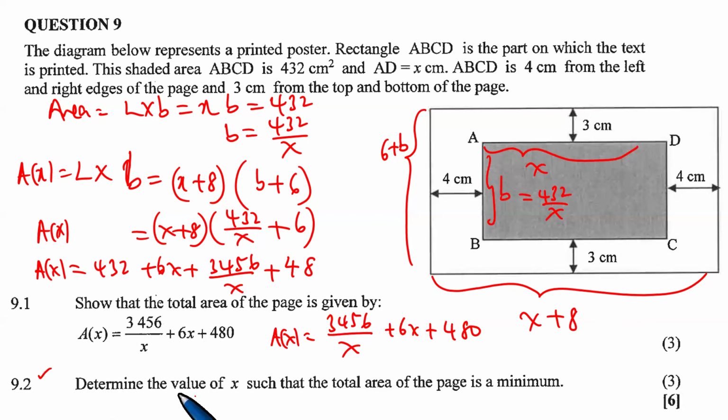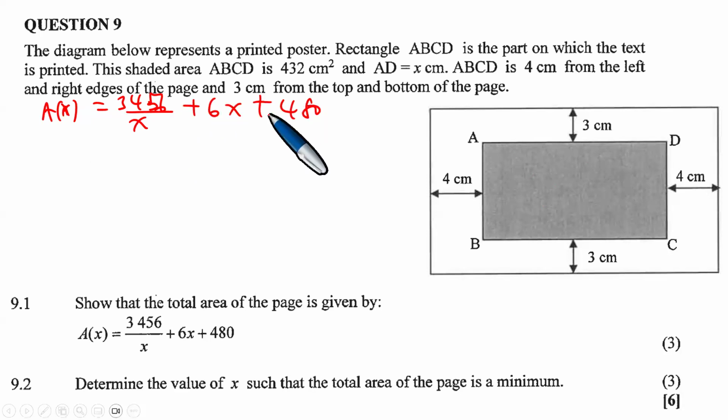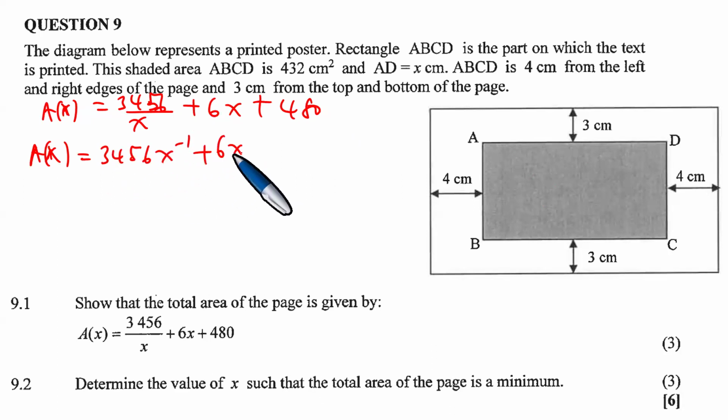Now in 9.2, determine the value of x such that the total area of the page is a minimum. Just look at that one. In 9.2 we have A of x, which we already know is 3456 over x plus 6x plus 480, which is 3456x to the minus 1 plus 6x plus 480.